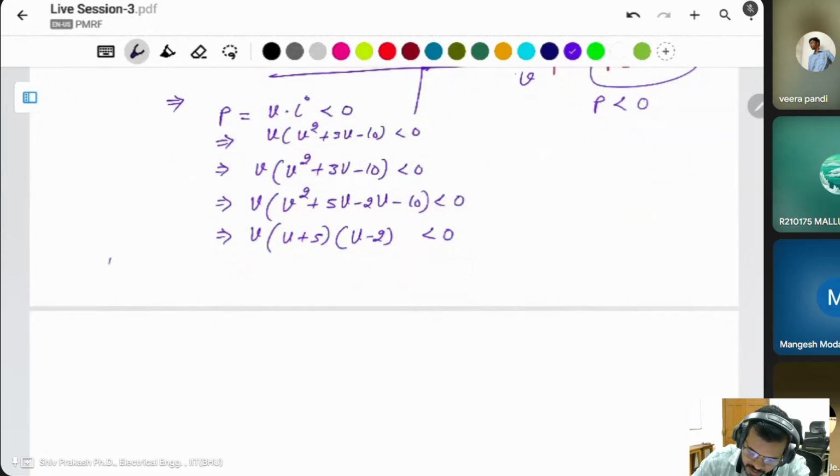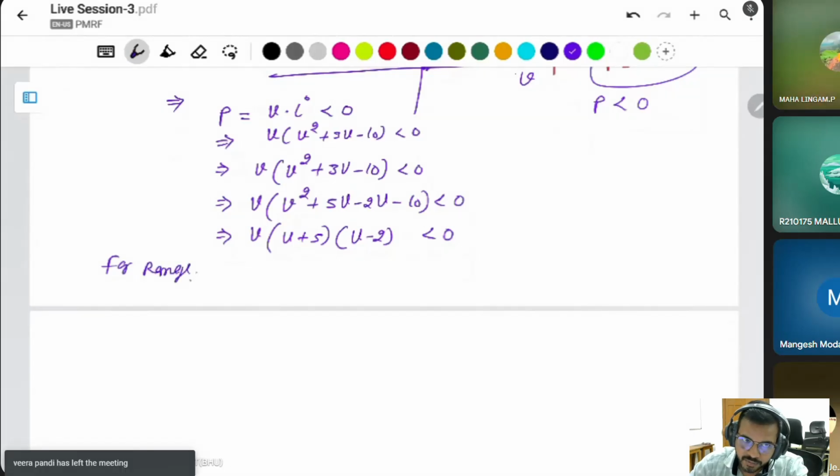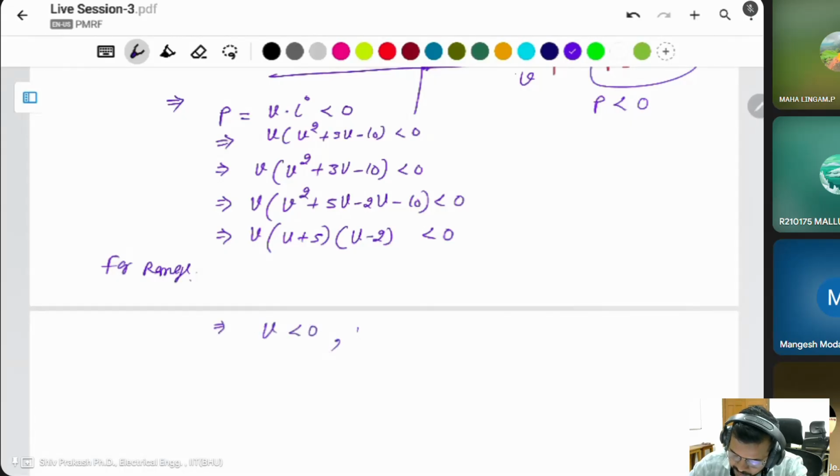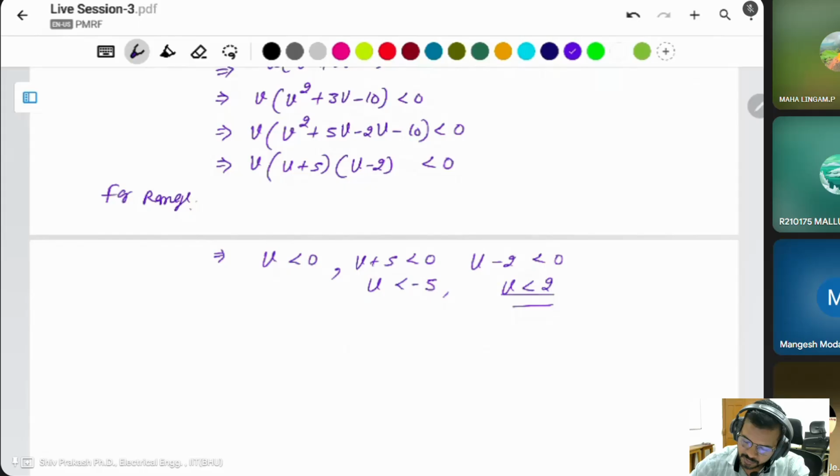For which range do we have this? V plus 5 should be less than 0, it means V should be less than minus 5. V minus 2 should be less than 0, and V should be less than 2. Less than 0 means it goes to minus infinity.